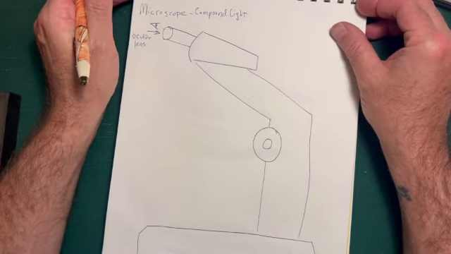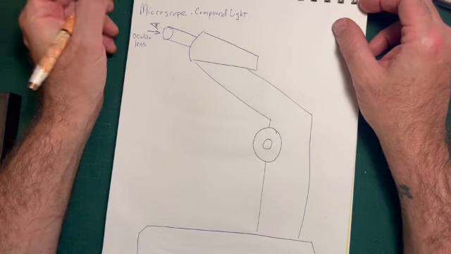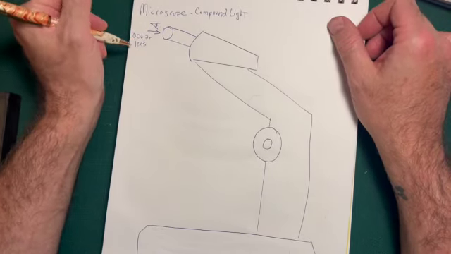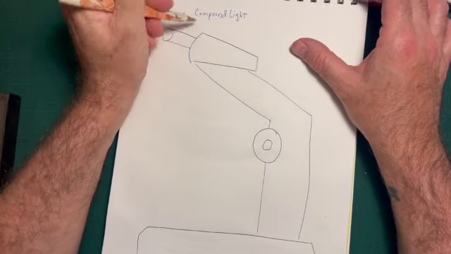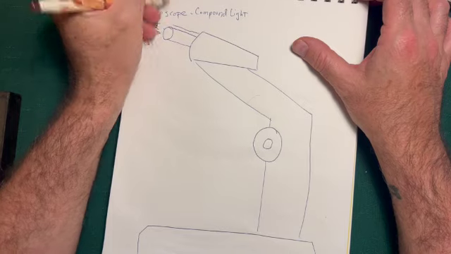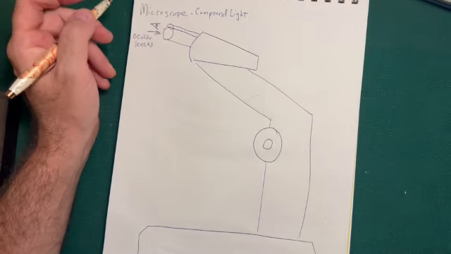But nowadays, most compound scopes that you encounter will be binocular. So if you have just one, it would be one ocular lens, but let's say you've got two ocular lenses, and that's how we make the plural of lens. One lens, two lenses.